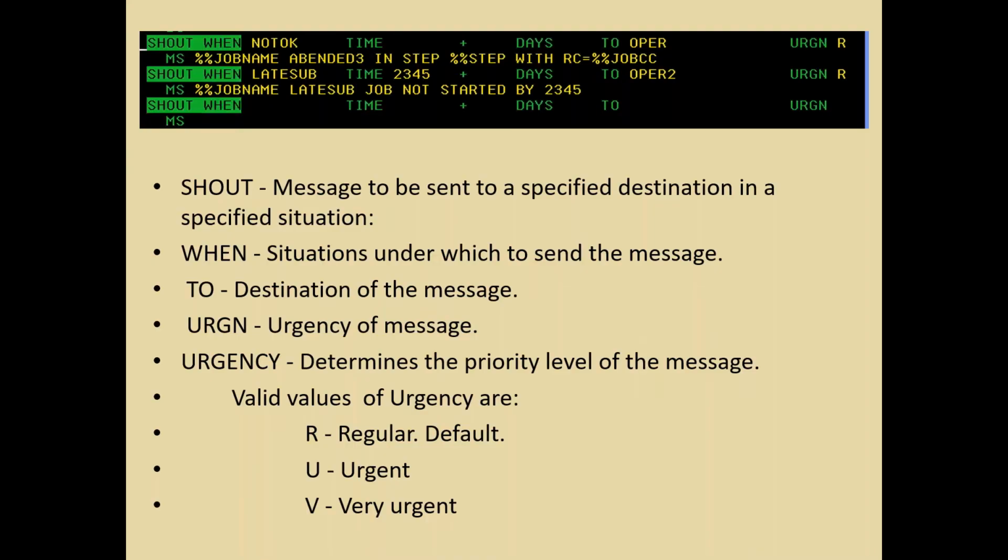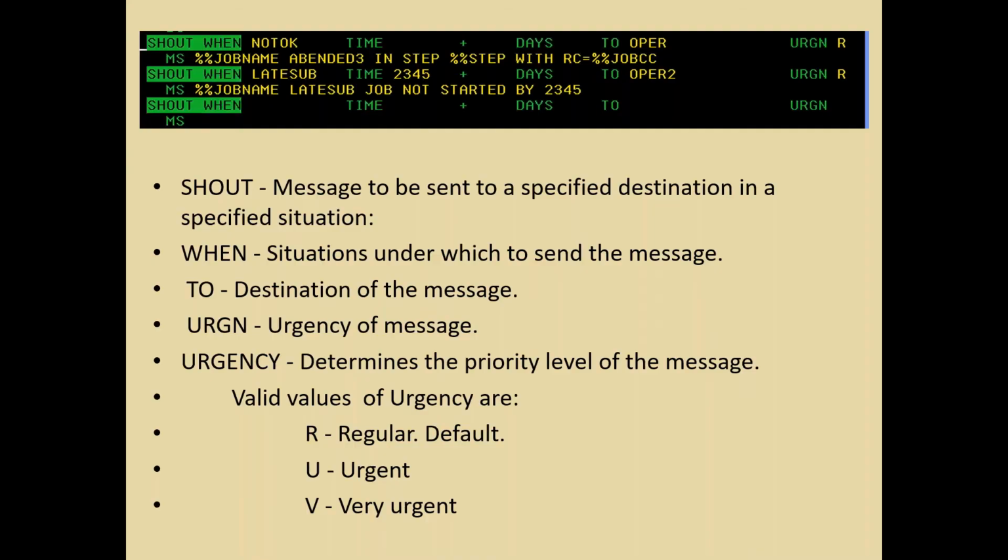So percentage stands for your auto edit variable, and MS stands for the message where you will write what is required. So here is the particular job name, then append 3 in step, but again it is an auto edit variable that gives you the step name, and your return code, they are using again an auto edit variable which gives you the job return code. So this message will be sent when it is not okay.